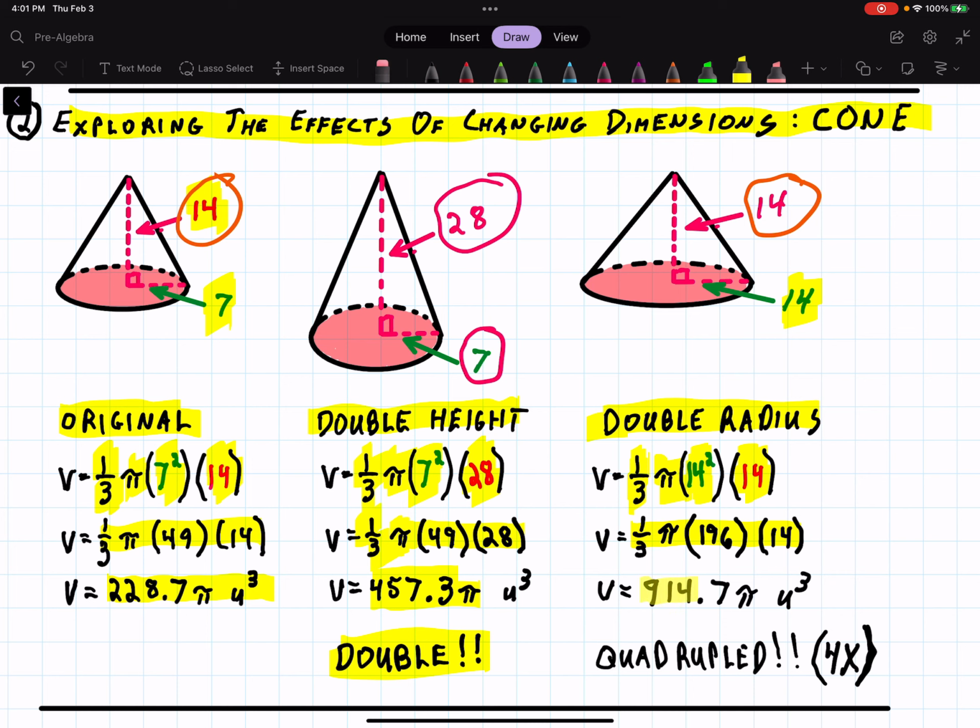You multiply it all the way out, and we end up with 914.7 pi units cubed, which is a quadrupling, or a 4x increase in the volume of a cone when you double the radius. So just like in a cylinder, doubling the height doubles the volume. Doubling the radius quadruples, or a factor of 4 enlarges, the volume.